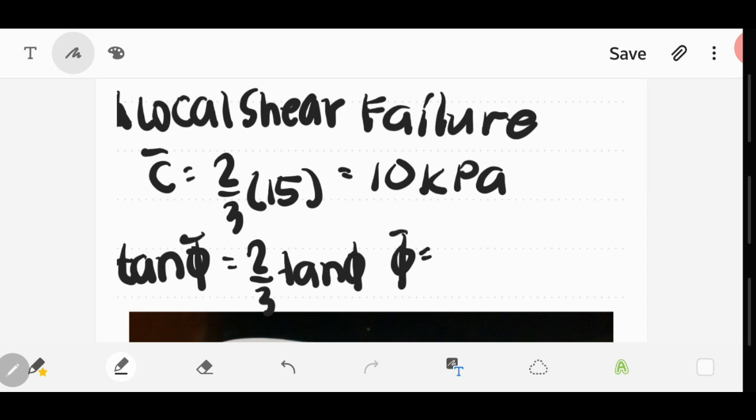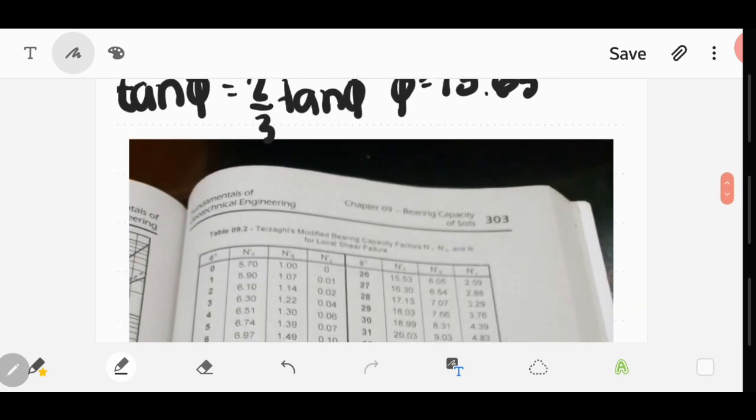So that is approximately equal to 13.64 degrees.